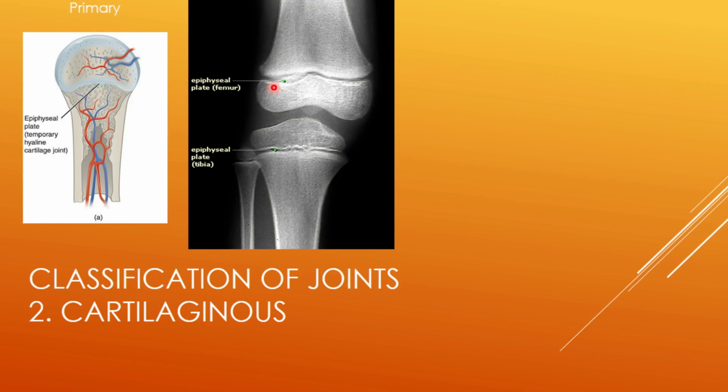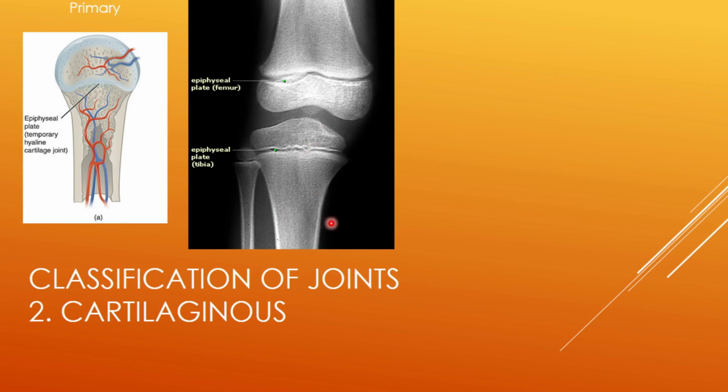And we can see that on this X-ray as well here. So this is the diaphysis of the femur. This is the epiphysis of the femur, and the line between them is the growth plate or the epiphyseal plate. And the epiphyseal plate is a primary cartilaginous joint.